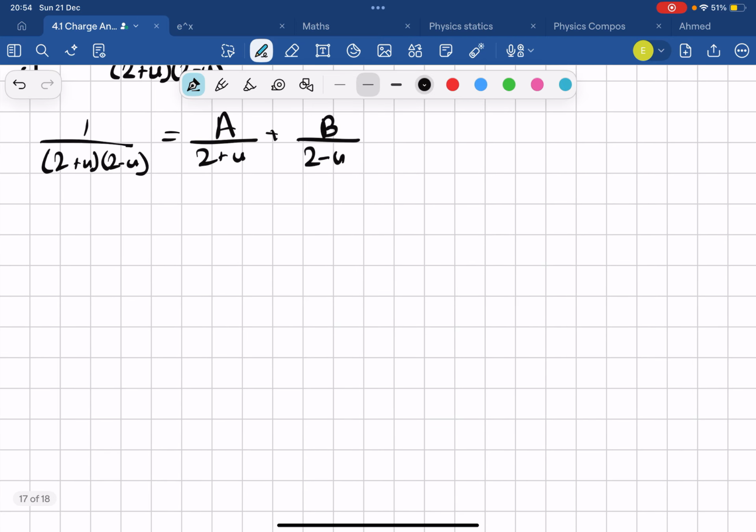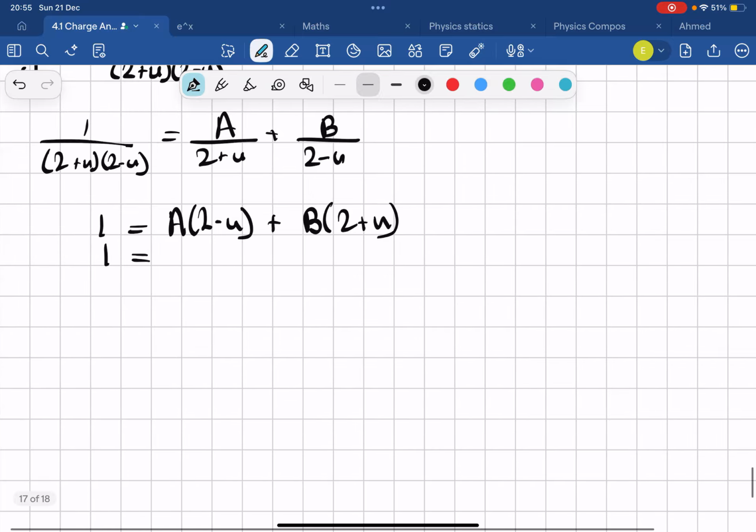If you multiply through by 2 plus u and 2 minus u, we have a times 2 minus u plus b times 2 plus u. Let's expand and collect like terms. So we have 2a minus au plus 2b plus bu. So we can collect the u terms, so we have b minus a, u.